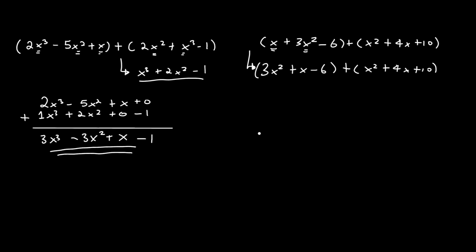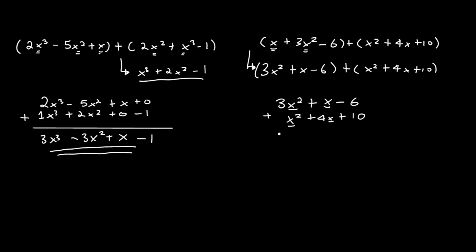So this is in order from highest to lowest. Now let's apply the vertical method. Let's arrange this problem here. Okay, so this is fine. We have the same degree under the same degree, and constants under constants. You have to be careful to make sure you align them properly.